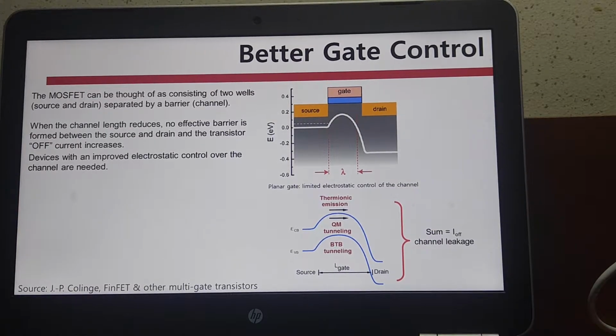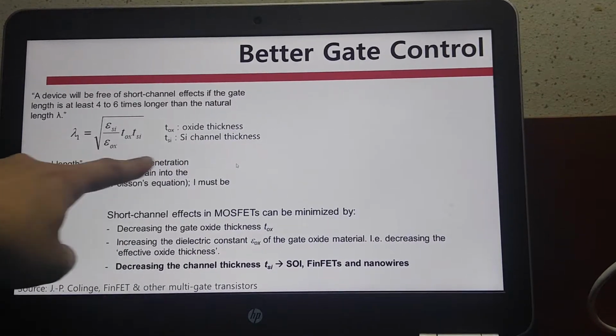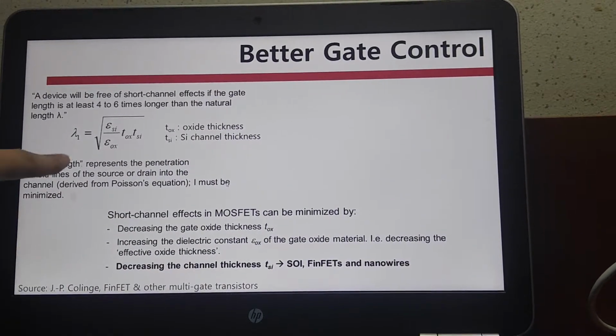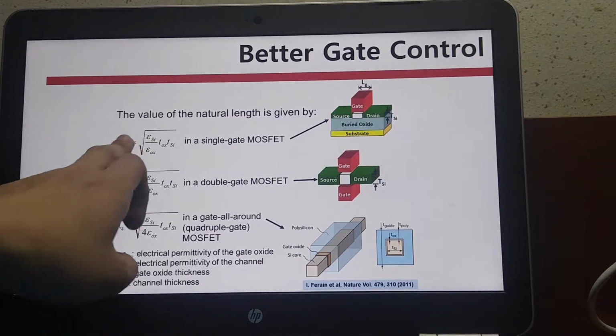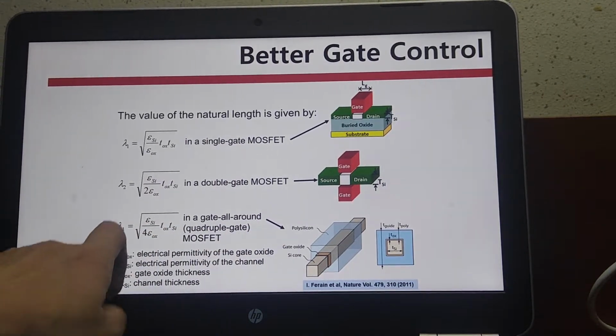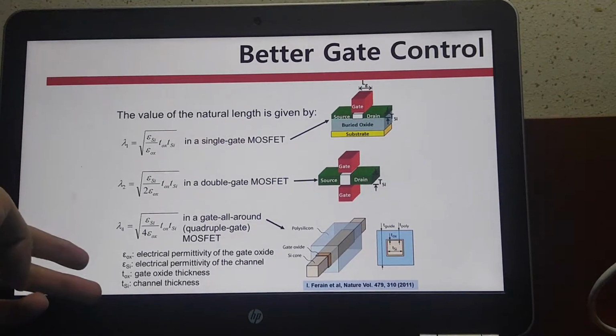And we have to memorize this equation for lambda, and this is for one gate, this is a single gate, this is a double gate, and this is a quadruple gate. We have to understand and know how to use these parameters.